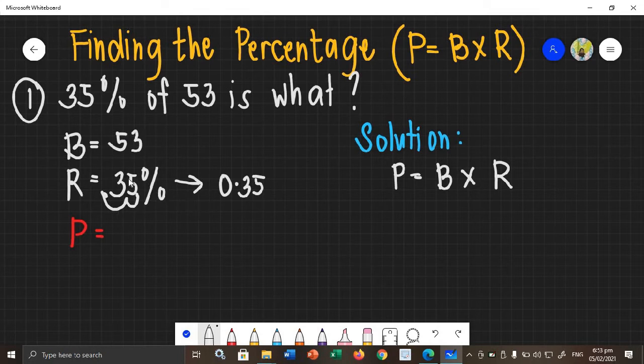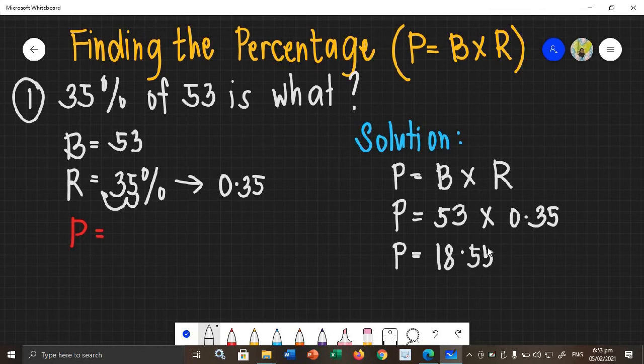Okay, nalalabas. So base is 53. And then we are looking for the value of our percentage. Now, let's solve. No? P is equal to base is 53 times yung rate mo in decimal form, which is 0.35. So, multiplying 53 and 0.35, it will give you 18.55 as your answer.